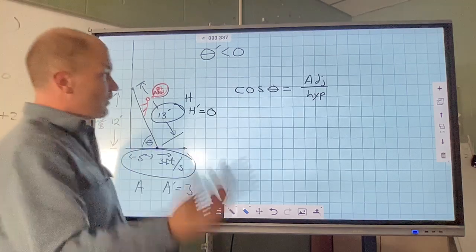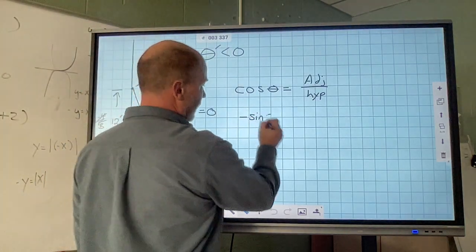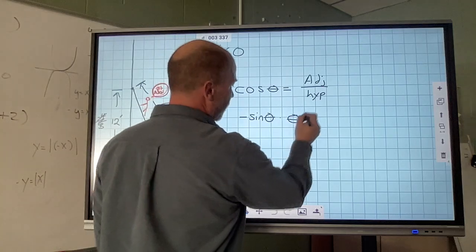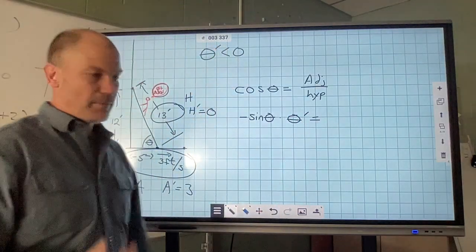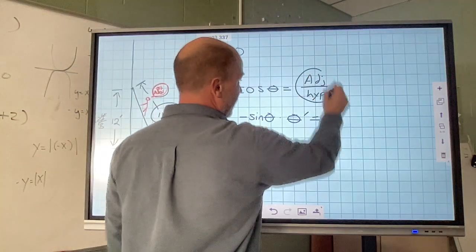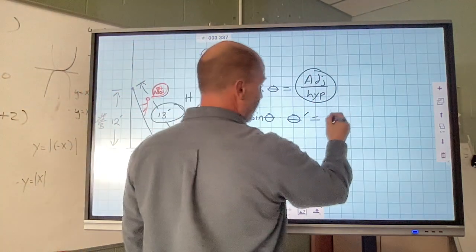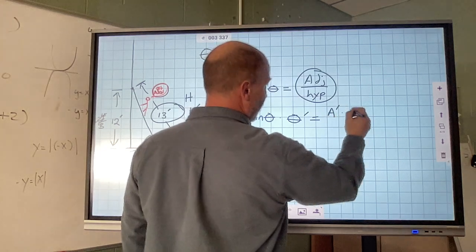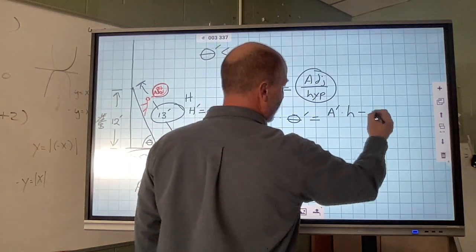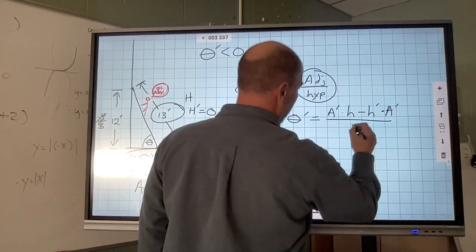So now I'm just going to start taking this derivative. The derivative of cosine is negative sine theta times theta prime. That's the part most students forget about, times theta prime because of chain rule. And then I have to take this derivative. I need to follow quotient rule: the derivative of the top times the bottom minus the derivative of the bottom times the top, over the bottom squared.